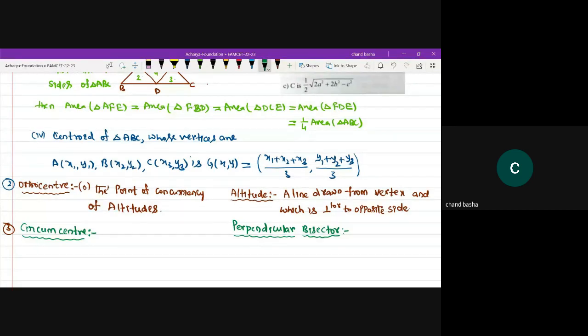Perpendicular bisector means a line which is perpendicular to the side and passes through the midpoint of that side.